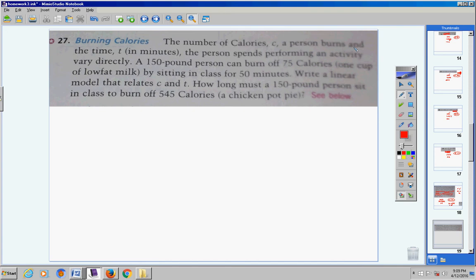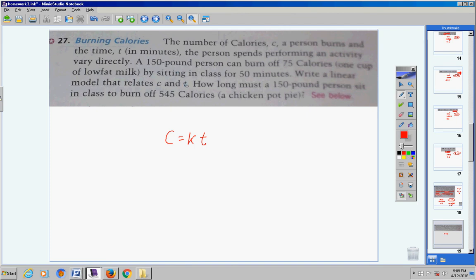The number of calories a person burns and time has to be in minutes. Okay, and by the way, the weight matters too.